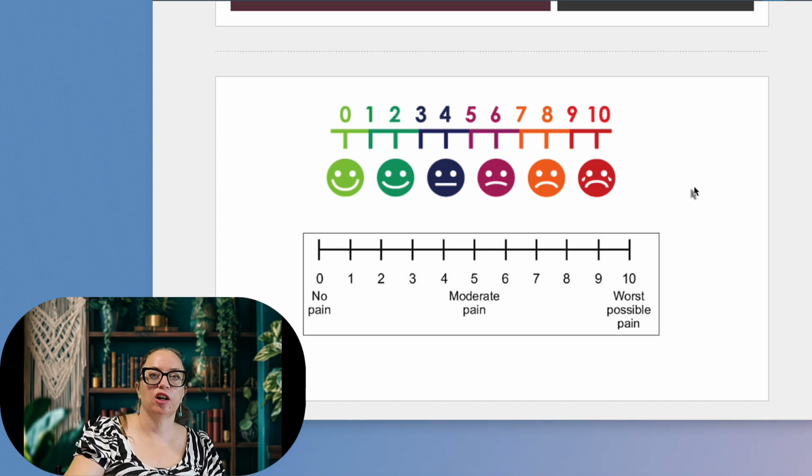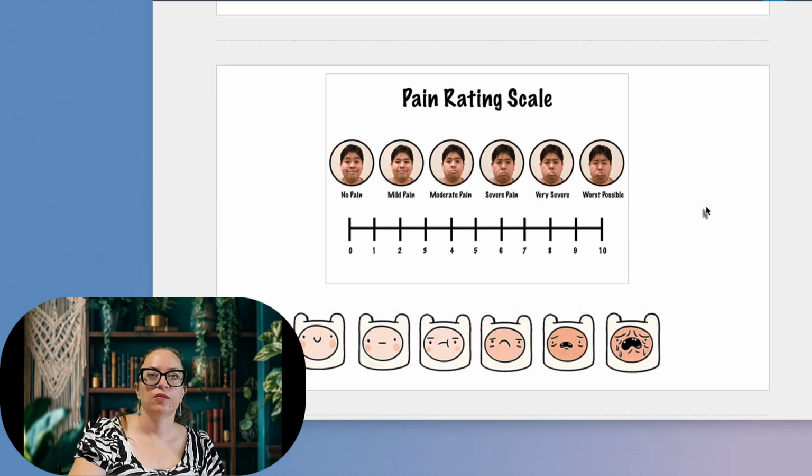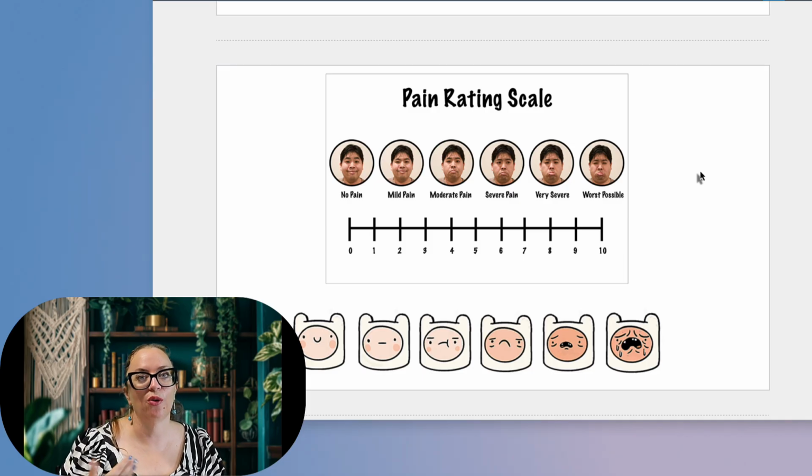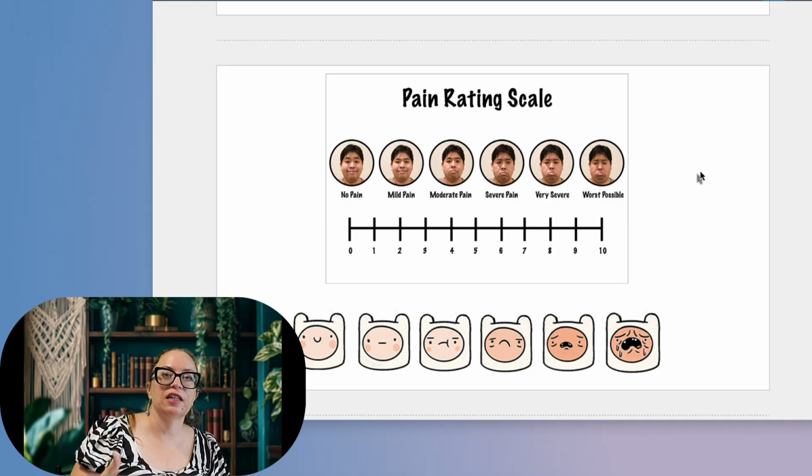So let's take a look at a couple more here. These ones are more for laughs, okay? But this top one here, it's on the same type of scale from no pain to worst possible pain from 0 to 10, but there's a human face indicating pain. But if we take a look at this, these aren't necessarily so great either. Maybe we don't make exactly these expressions when we're in pain, okay?